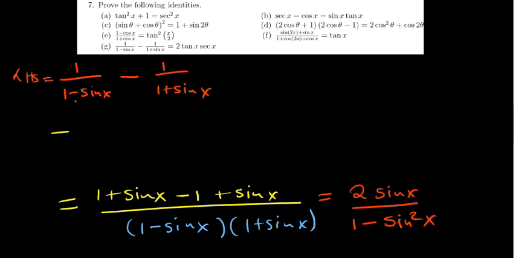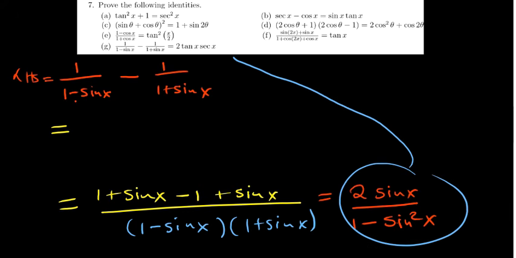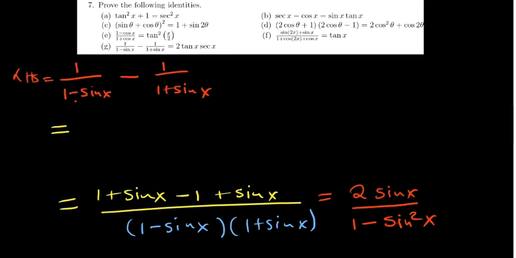So we can take it now. What do you think we are supposed to do to move from there and get to that? So 1 minus sine squared of x is cosine squared of x. So we have 2 sine of x over cosine squared of x. And at this point, what should we do? Remember, we need to get tan and secant.